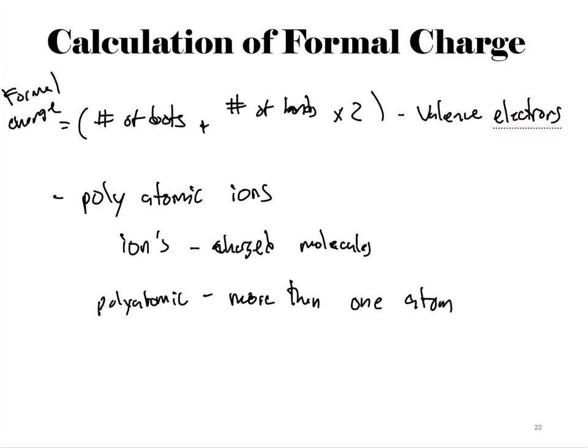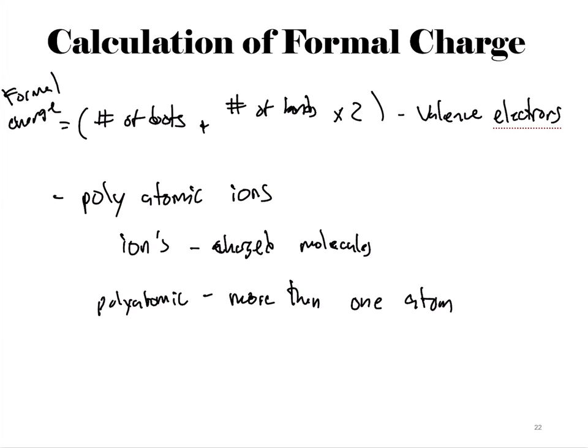These are molecules that were covalently bonded to each other, but they still had a total charge on them. And so in the molecular structure for these, we have covalent bonds, but we still have a charge floating around somewhere. And this is calculated by looking at the formal charges on each atom. And so the formal charge tells us which atoms in the Lewis structure are actually going to be charged.